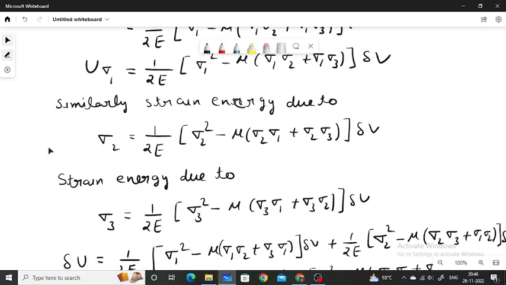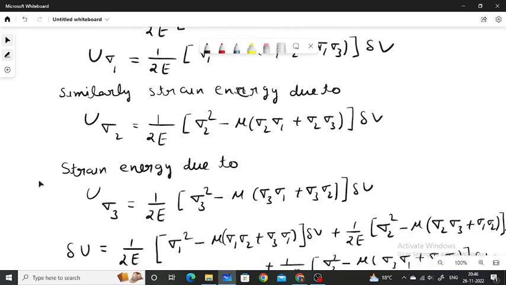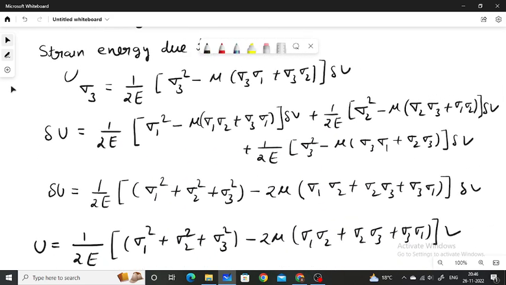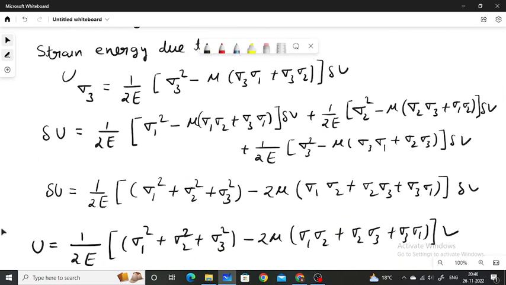Similarly, we can determine the strain energy due to the stress sigma 2 and sigma 3. Now the total strain energy will be equal to the sum of strain energy due to the stresses sigma 1, sigma 2 and sigma 3.